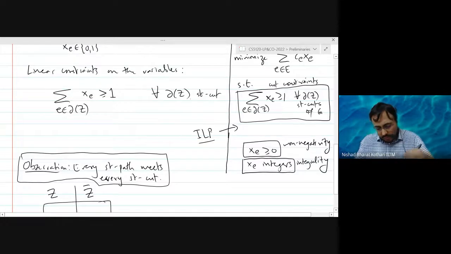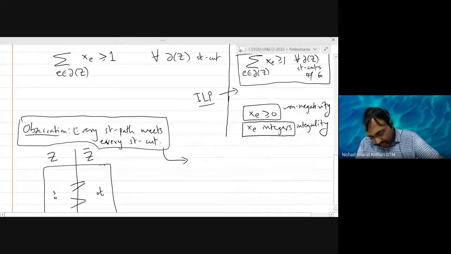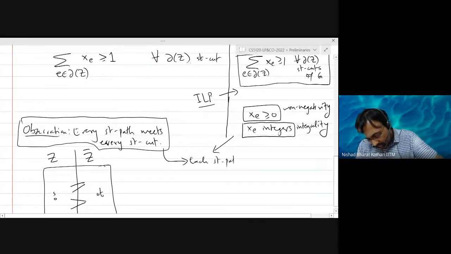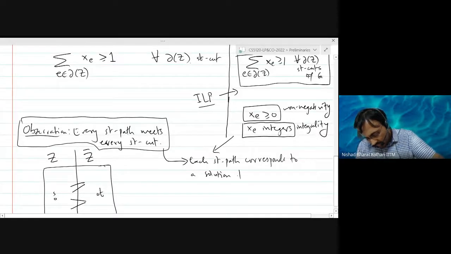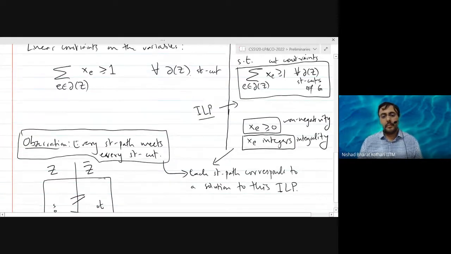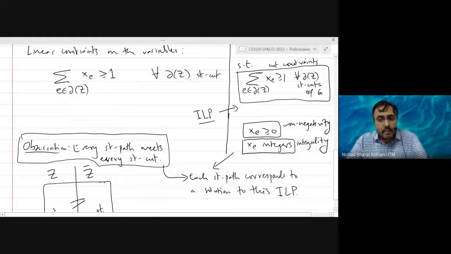Okay? So this implies that each ST path corresponds to a solution to this integer linear program. Okay, that is some good news. But now let's ask the converse question. If you take a solution to this integer linear program, does it correspond to an ST path?